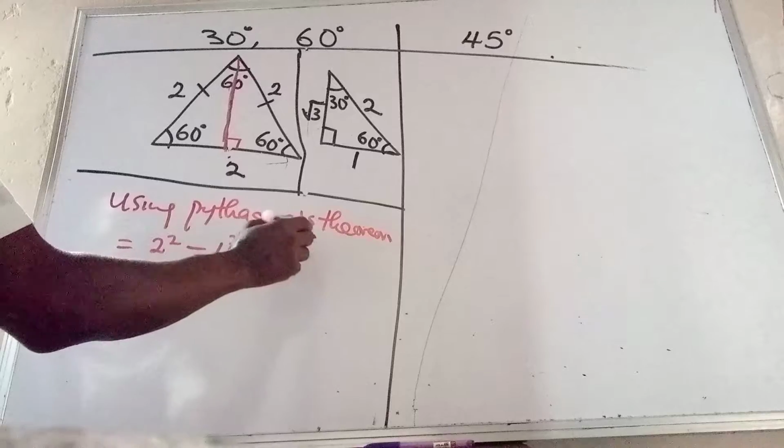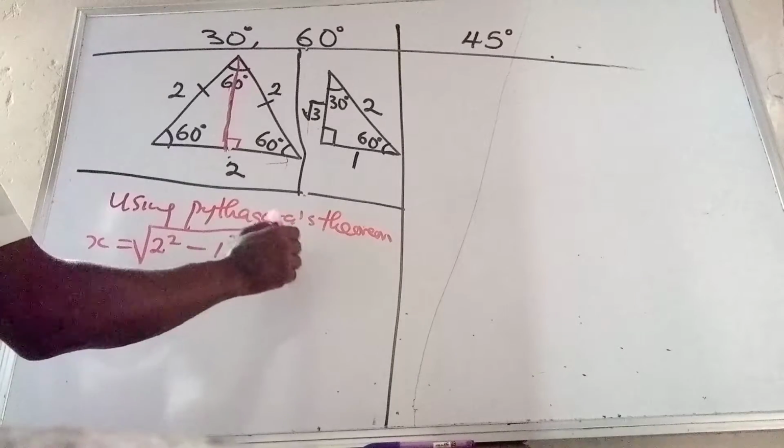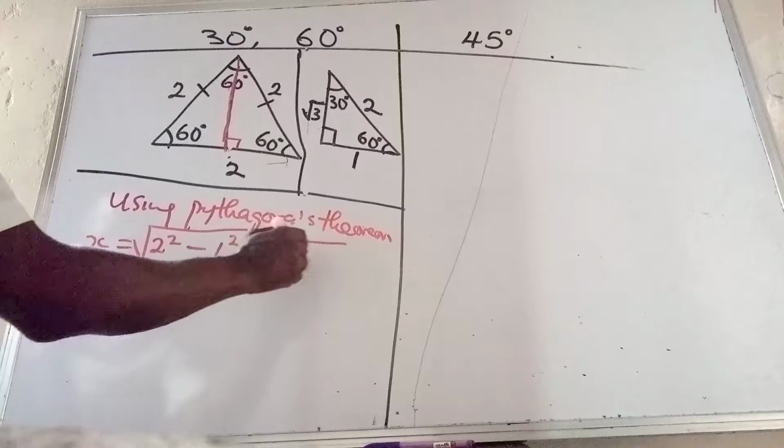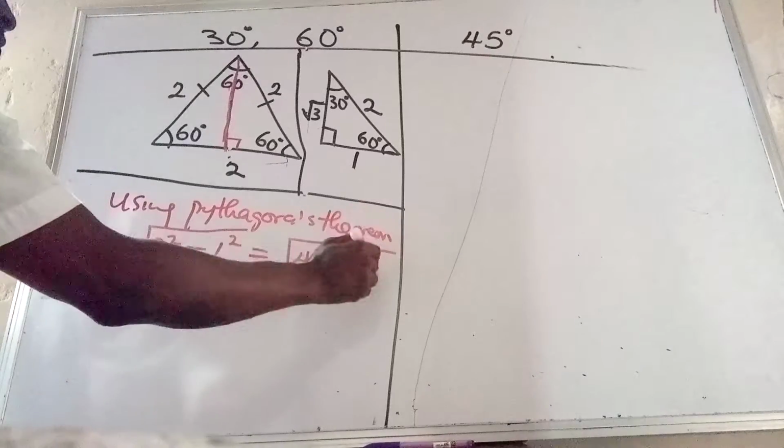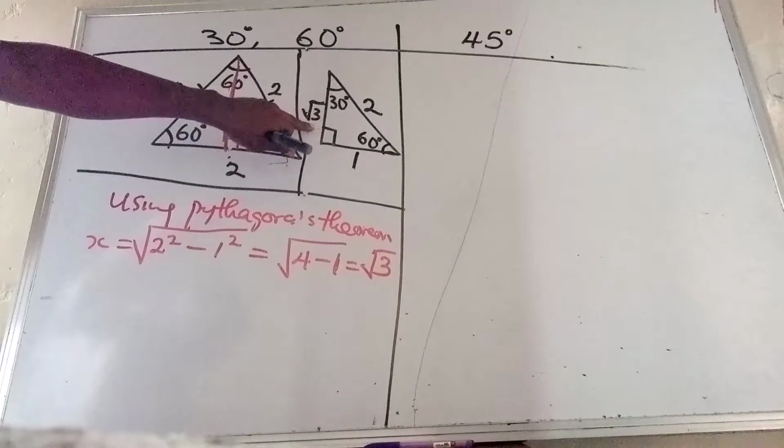That will give you the root. So that will be square root of 4 minus 1, which is square root of what? 3. That's how we arrive at root 3 here.